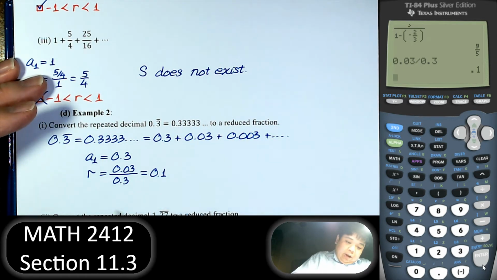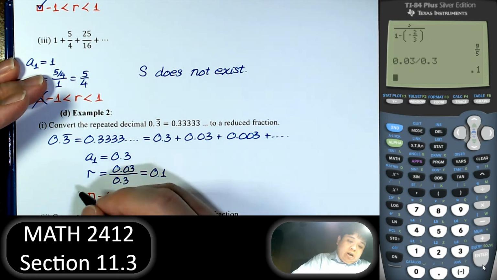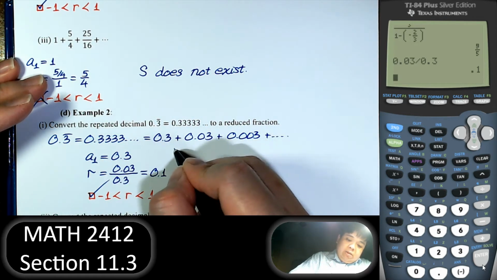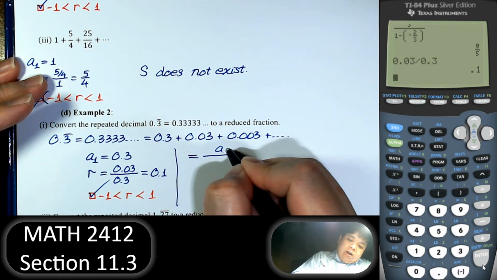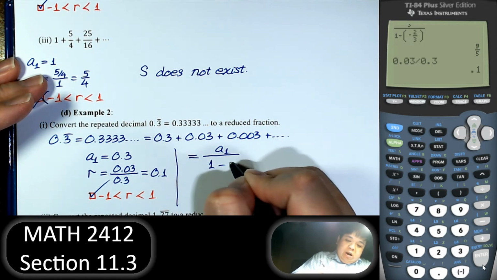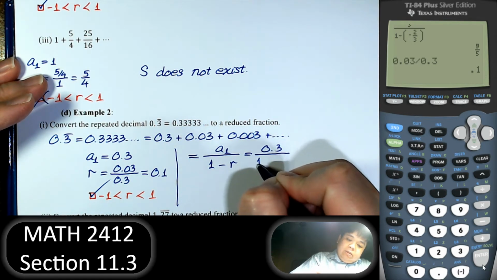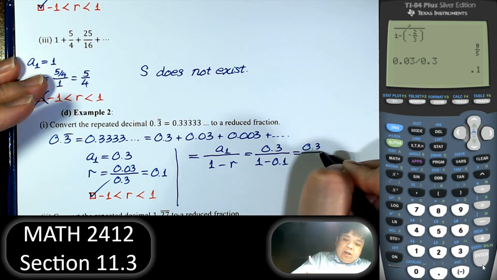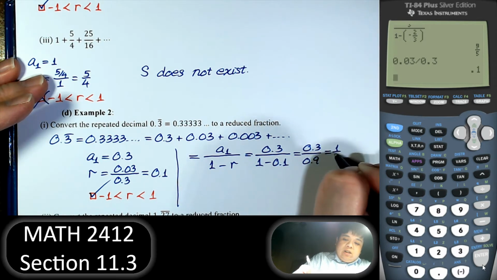And we will check that it is between -1 and 1. 0.1 is between -1 and 1. So yes, that checks. So we can use the sum, which means this series is equal to a1 over 1 minus r. The first term is 0.3, the common ratio is 0.1, so we have 0.3 over 0.9, and that cancels out to 1/3.